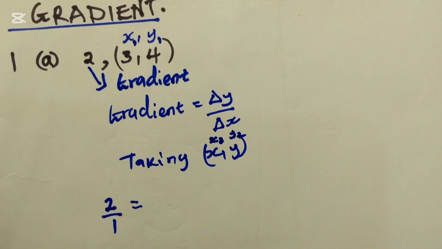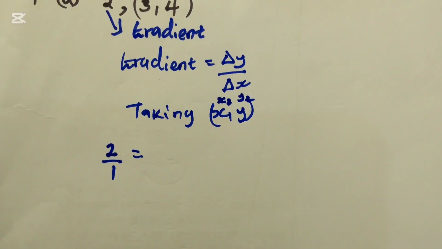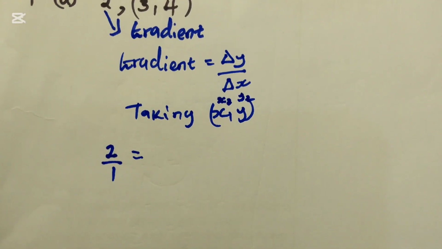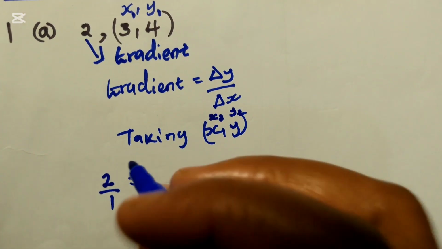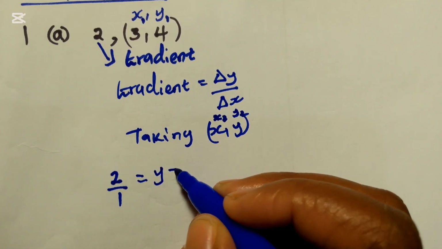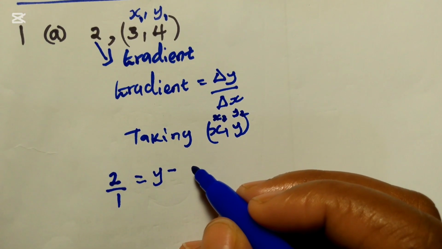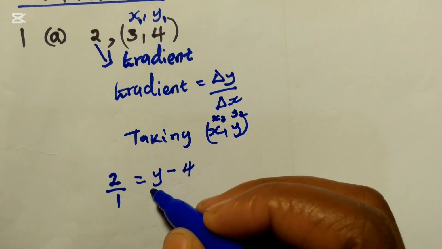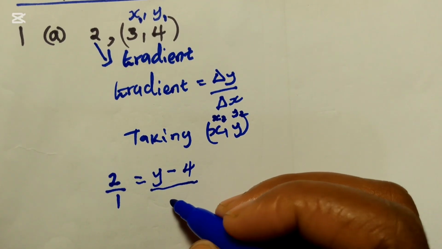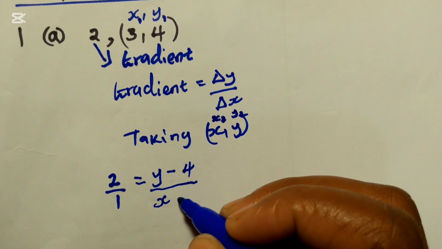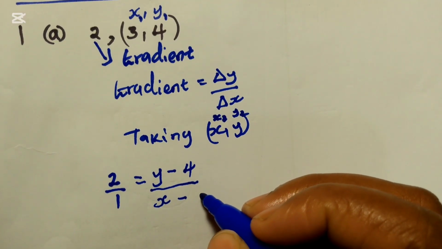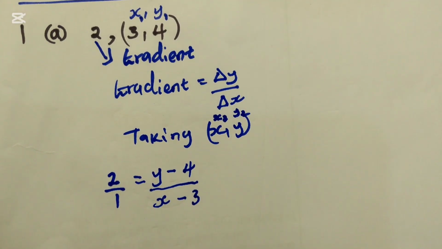So y2 is y, minus y1, which is 4, over x2 which is x, minus x1, which is 3.